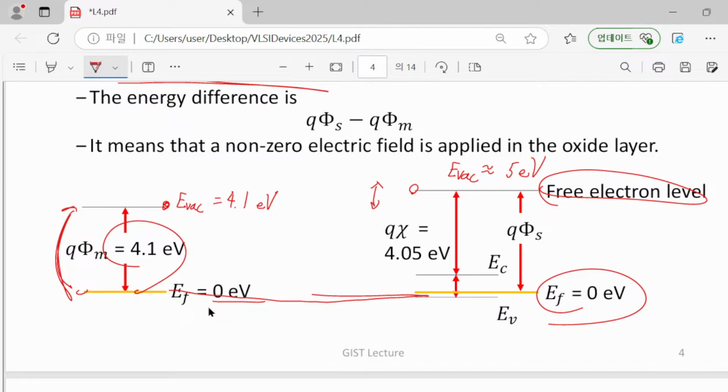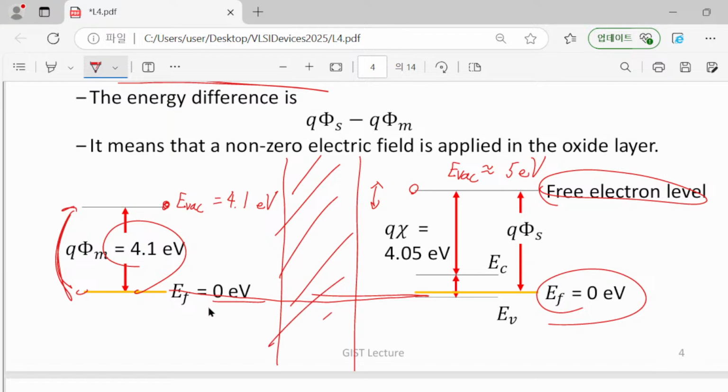However, the difference is, when we merge p-type silicon and n-type silicon, usually we expect that they are directly attached. However, in this case, please remember the existence of what? Here we have something called silicon dioxide. So that introduces quite a difference.